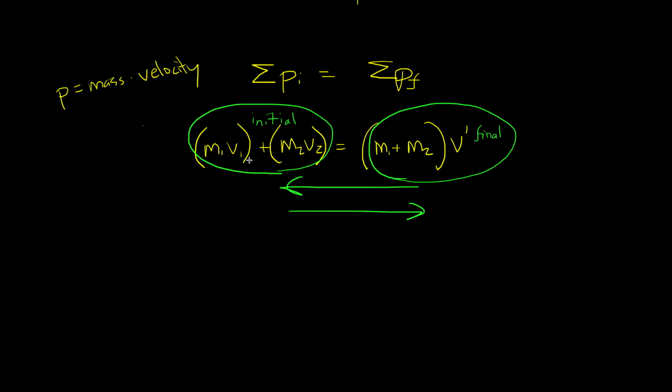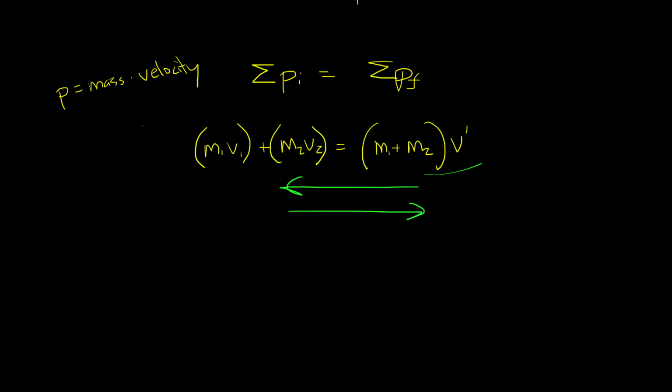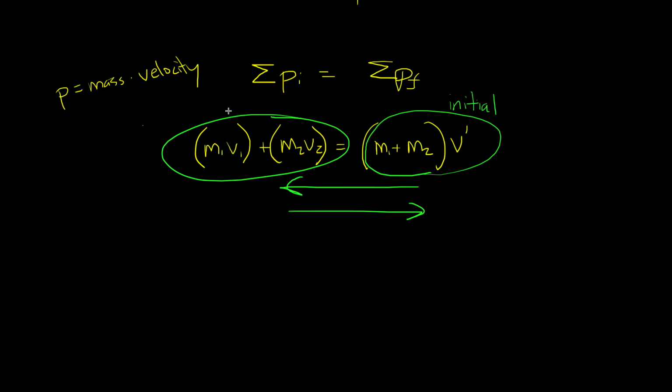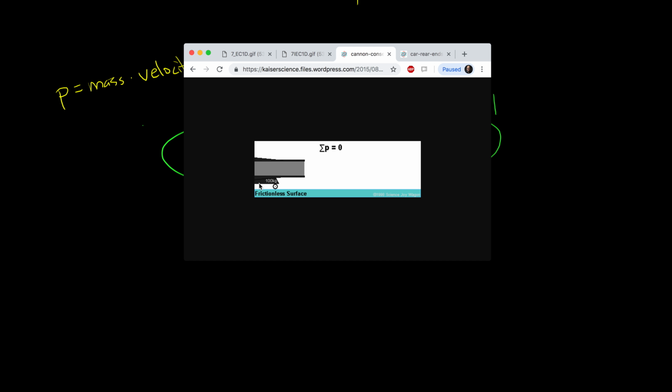And so the equation can be looked at the other way around, where this would be considered the initial components because the two masses were together, and this part of the equation can be signified as the final components because we do see the cannon and the cannonball separating from one another after they collided, as shown like this.